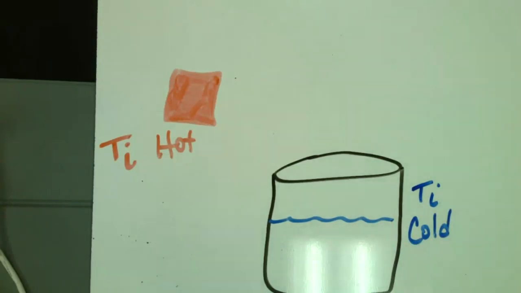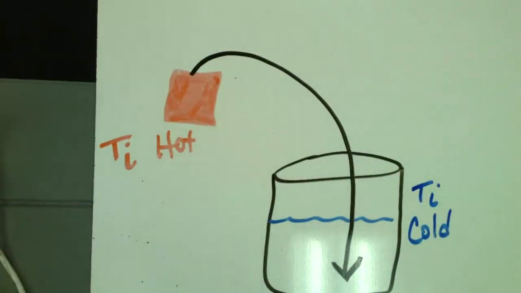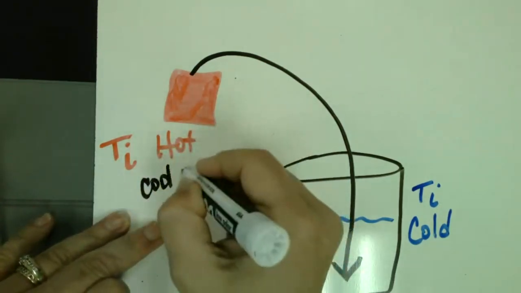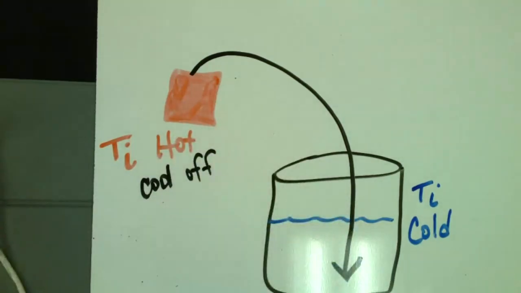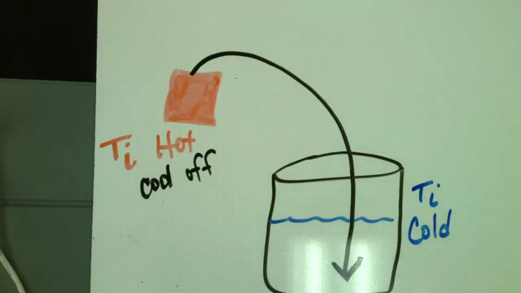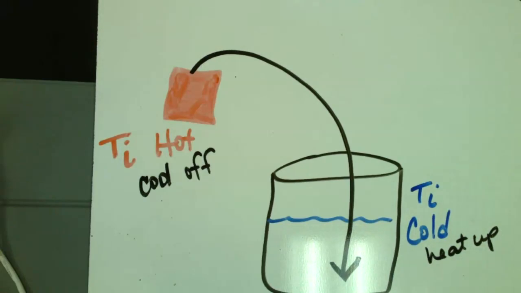Now, if I take and I drop this into the water, we know that that thing is going to cool off, okay? So if this cools off, it is transferring heat. It's transferring heat from its system to the surroundings. And because it's transferring that heat, what's going to happen to the water is the water is going to heat up.